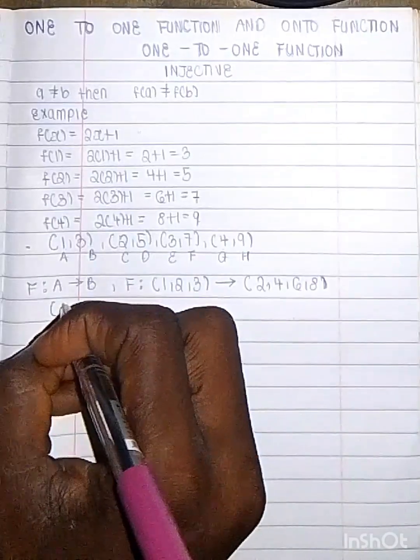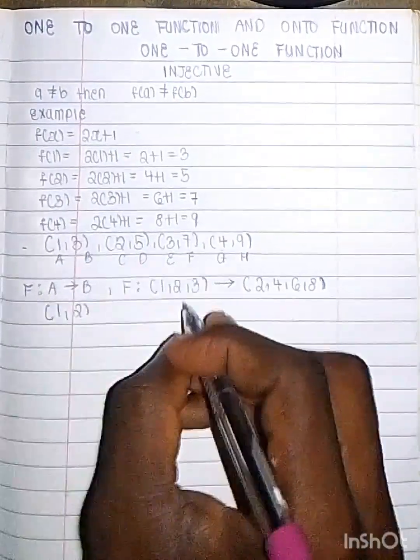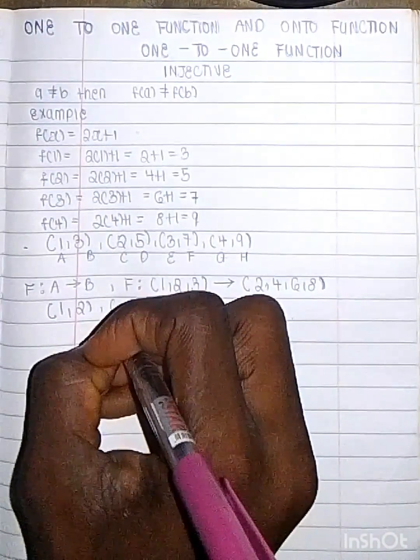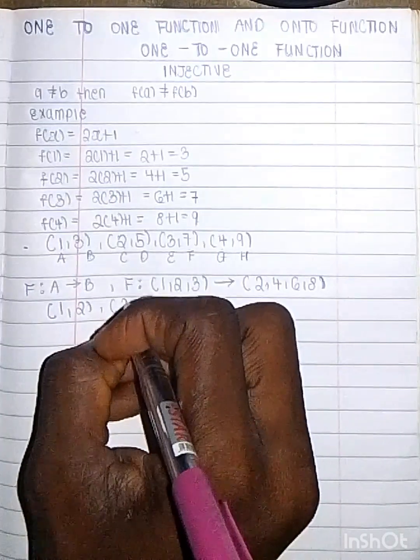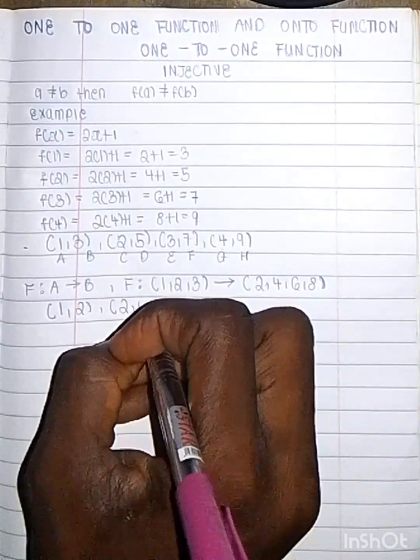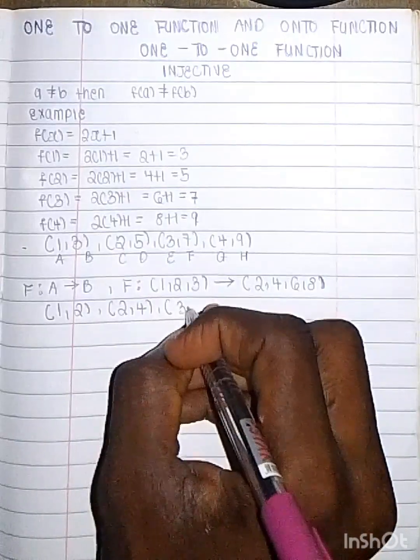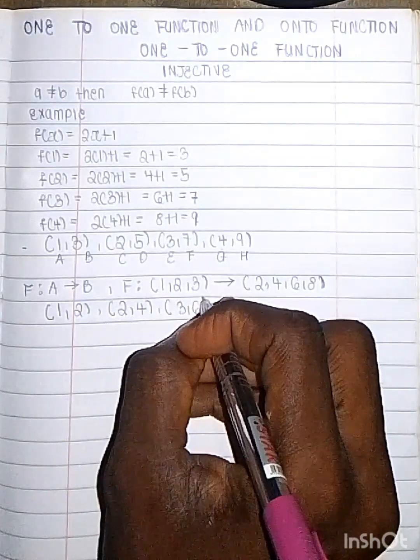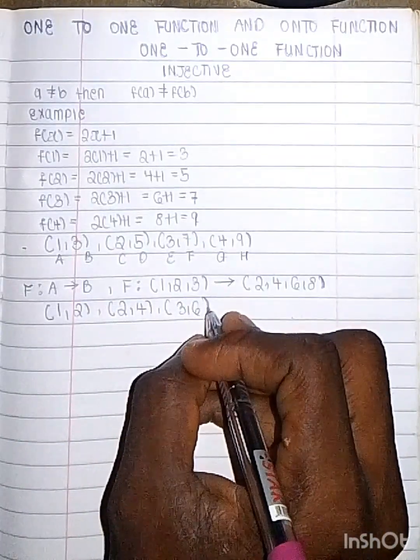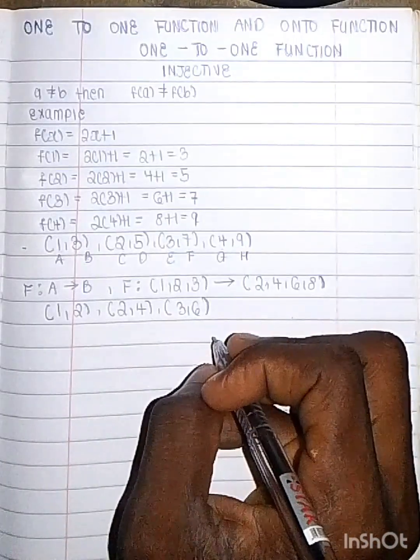Now, what is the ordered pair? The ordered pairs will be (1, 2), then the next one is going to be (2, 4), and the next one is going to be (3, 6).